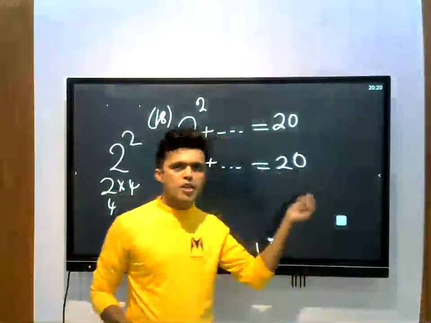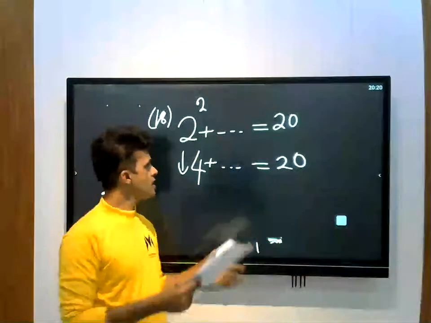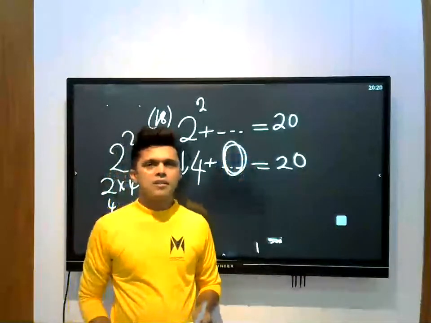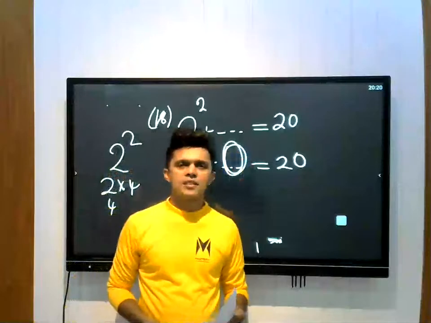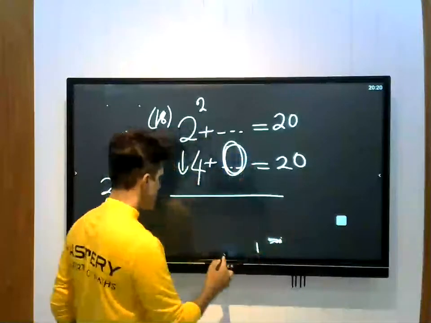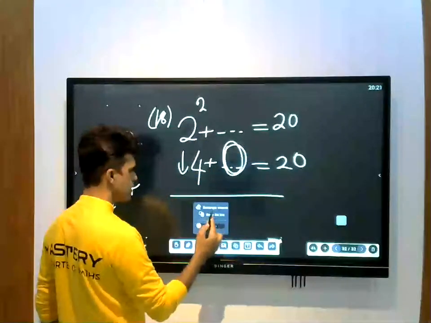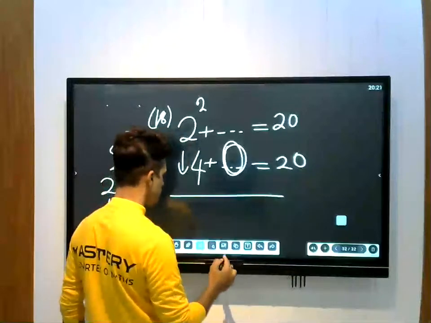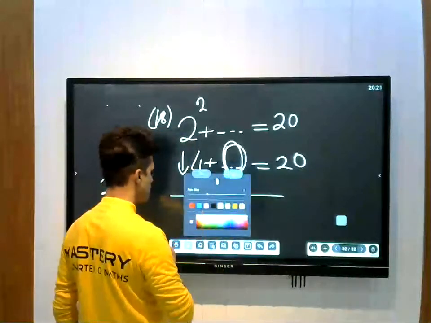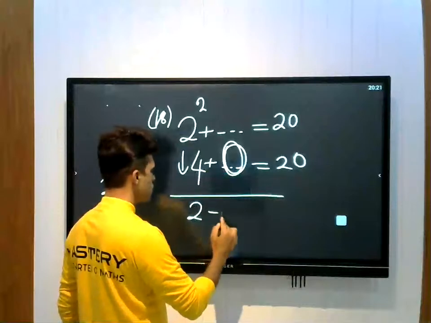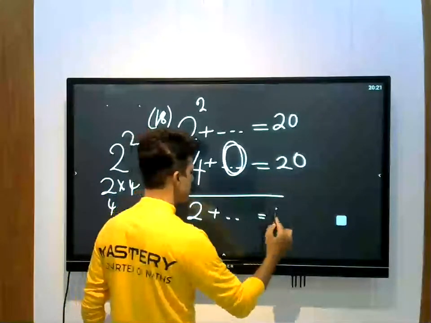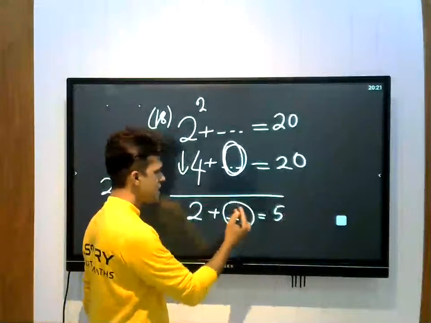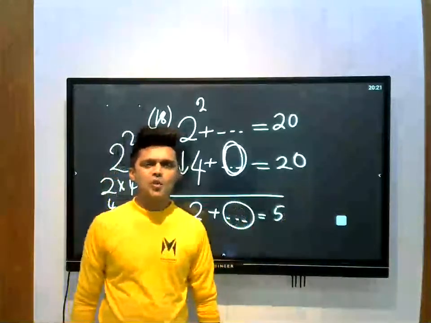So as to get 20 here, what is the digit that you need to write here? Then 2 plus blank equals 5. So as to get 5, what is the digit that you need to write here? Just think of this one.